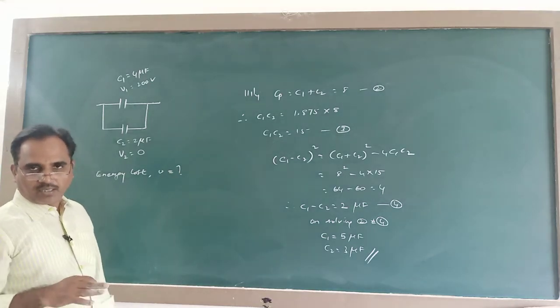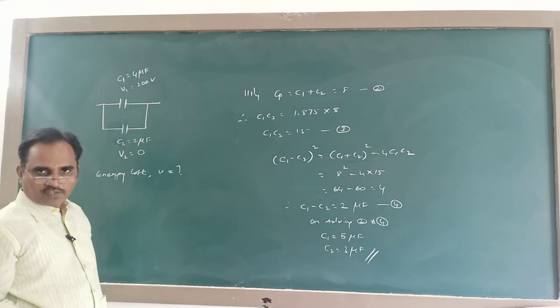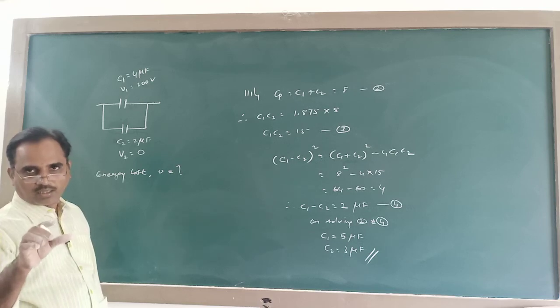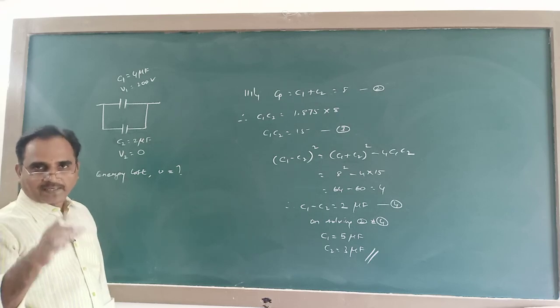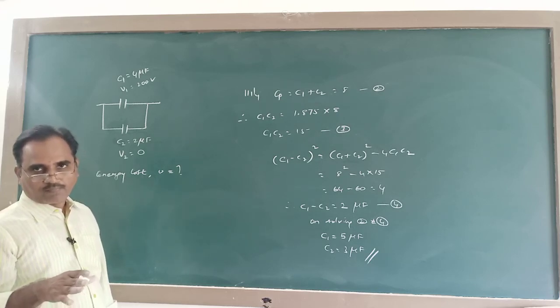So here this can be done in 2 ways. The first way is you calculate the initial energy stored in both of them. After connecting them in parallel, they acquire common potential difference.